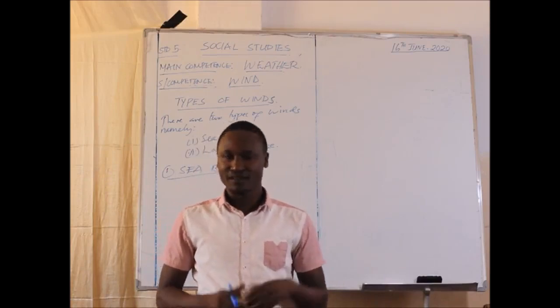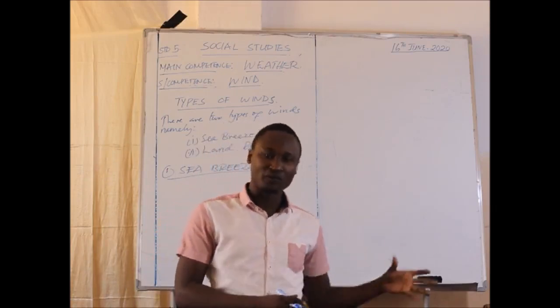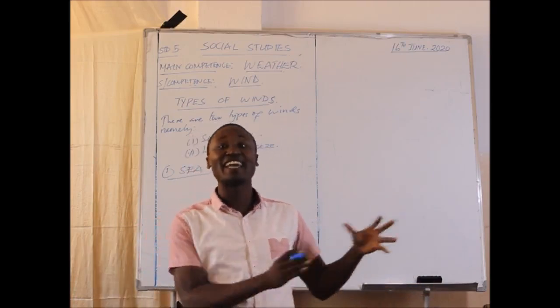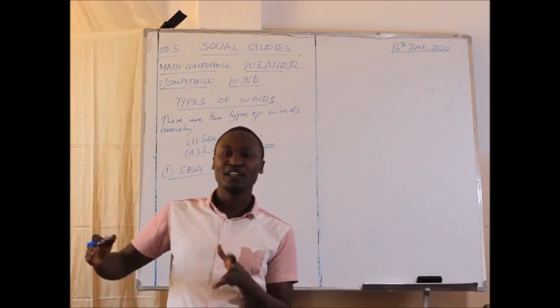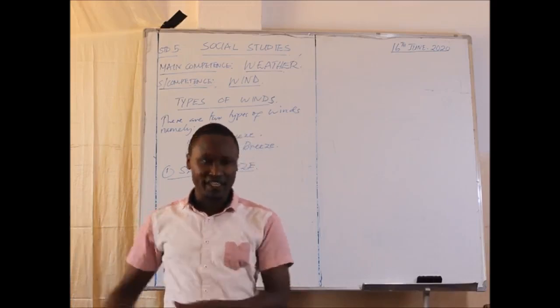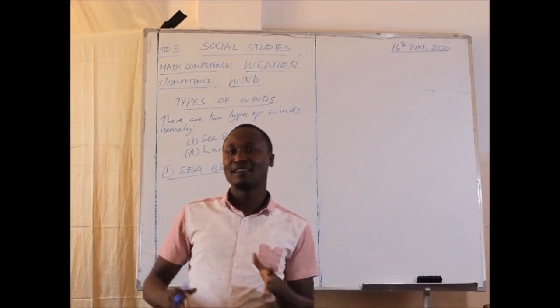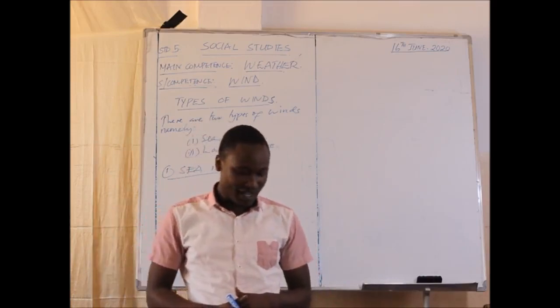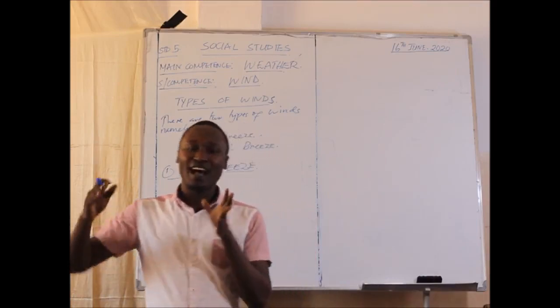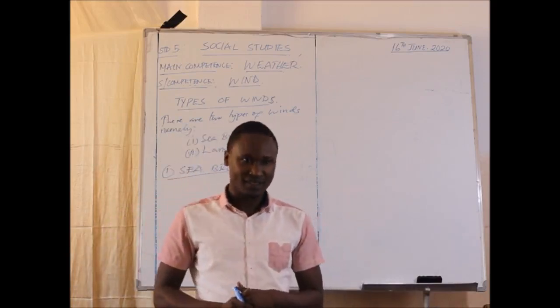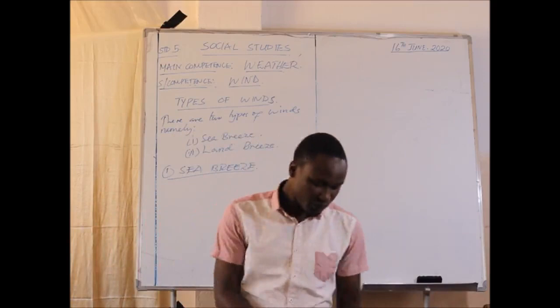And that's why this wind blows from the sea to the land. Remember, we said that wind is an air in motion from high pressure areas to low pressure areas. So when the land during a daytime is warmer than the sea, there is high pressure on the sea, and on the land there is low pressure.